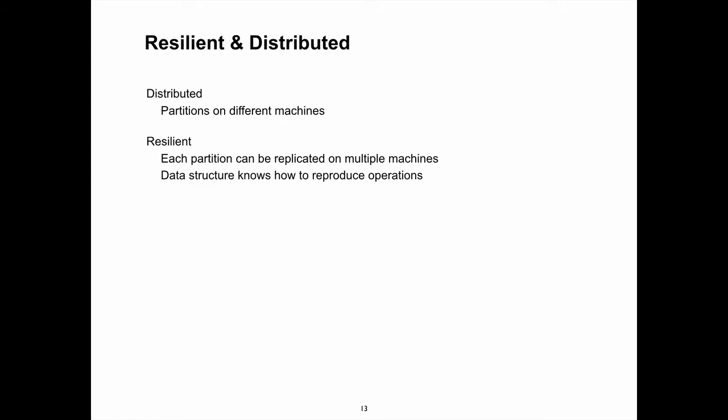So if something happens on the master machine, you've got that backup, and it has a history of all the transformations that are supposed to be done on that data structure, so it can recompute the results you need. So that's what they mean by resilient. It is fault tolerant, in that if a machine or cluster dies or somehow goes offline, Spark can recover.